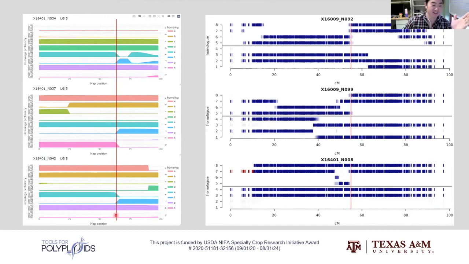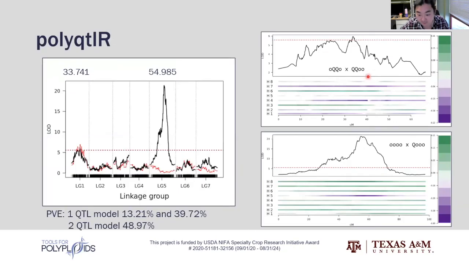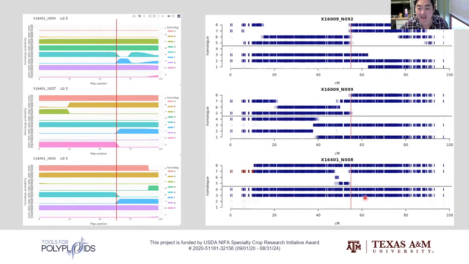And what you see is the red line is where the QTL is, and it's basically where the recombination breaks are. And same thing over here for PolyQTLR: we're looking for the H5 allele, and you see the same thing, that H5 is where the breaks are.